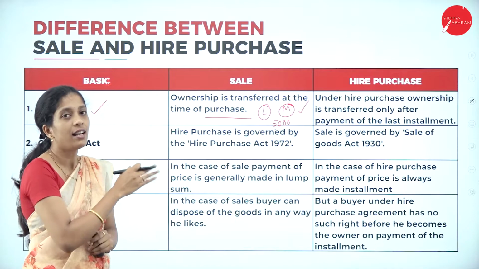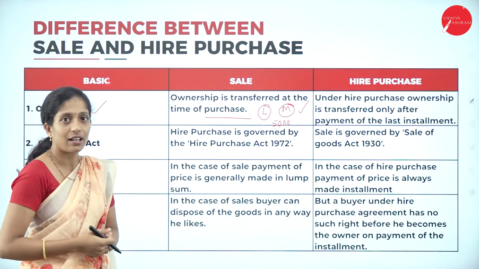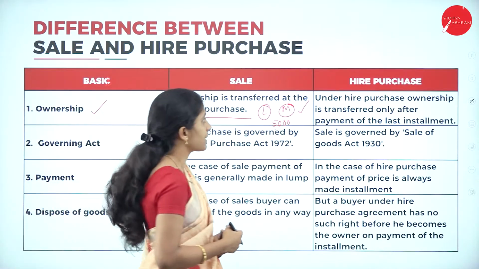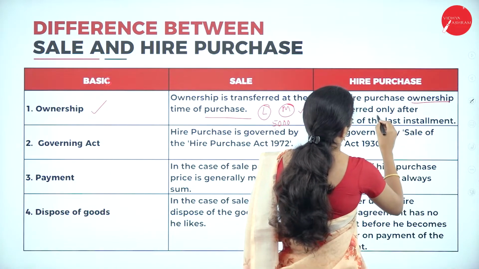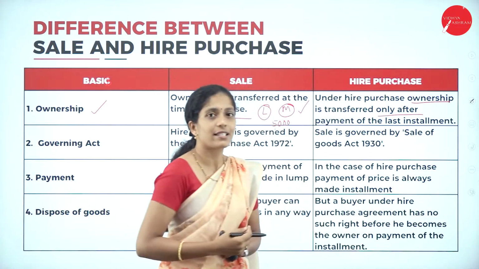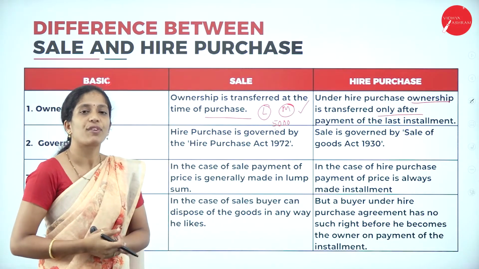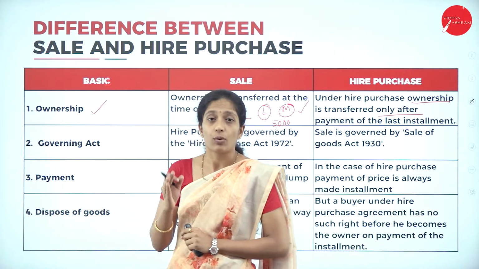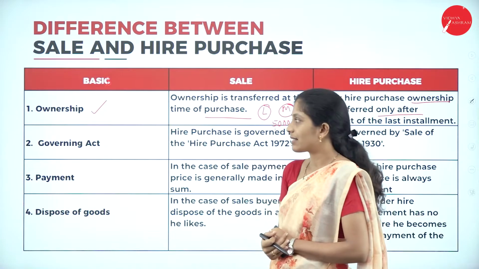That is, in a sale, the ownership immediately transfers from seller to purchaser. But in a hire purchase system, ownership is transferred only after the last installment is paid. Whereas in a sale, it is immediately transferred to the purchaser, in hire purchase the ownership will be transferred only after payment of the last installment.